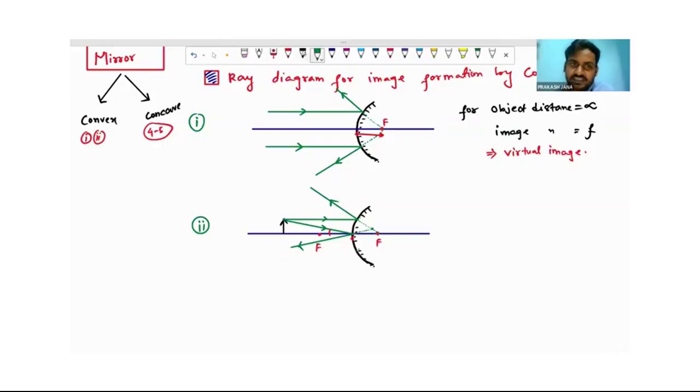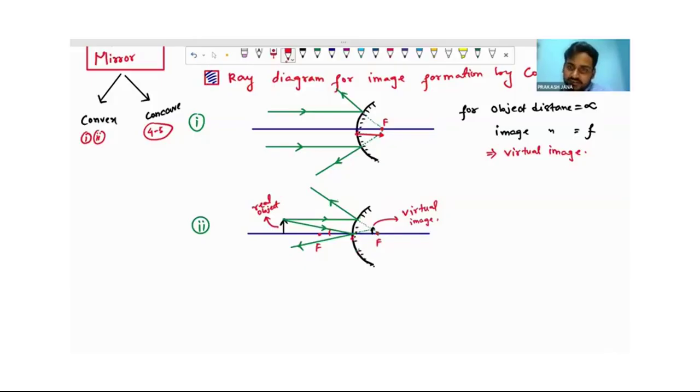They meet here, so the image is this one. This is the tip. Which one is the object? This is the real object. Definitely the object is always real. And this is the image, but it is a virtual image, correct?